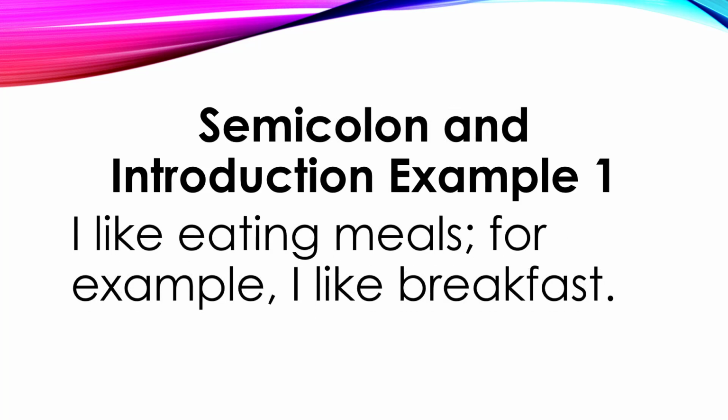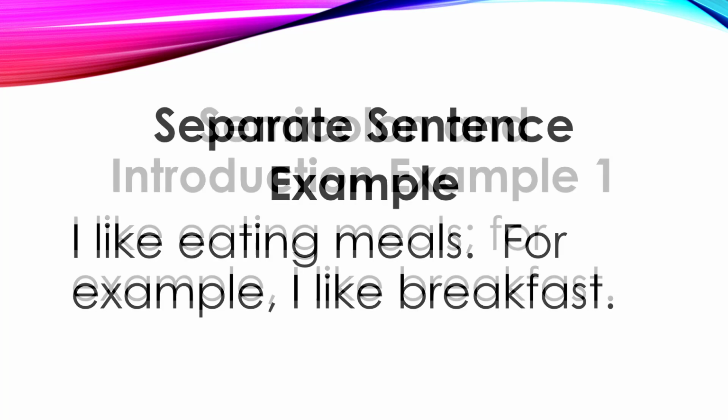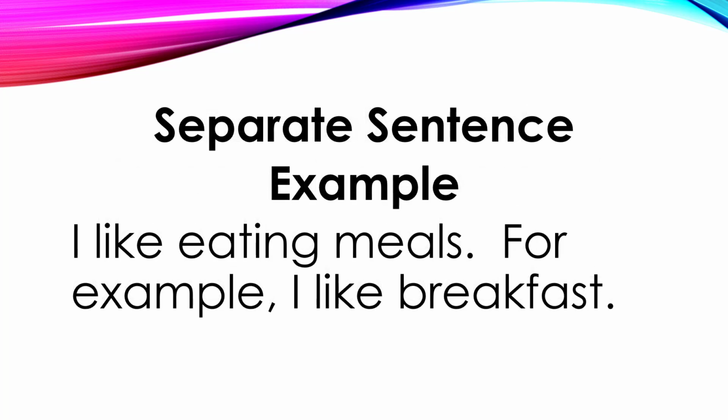Now, of course, the alternative to this is to just write separate sentences, and that would look like this. I like eating meals, period. For example, comma, I like breakfast, period. So either way you could go. This separates the sentences more. Since they are kind of related, I would use the semicolon in place of a period to combine the sentences.